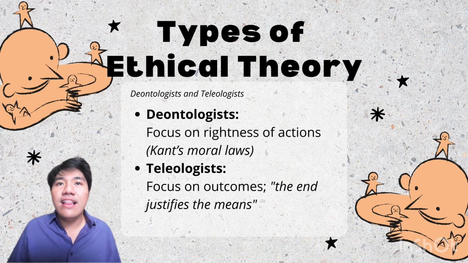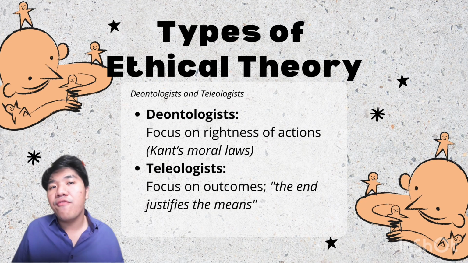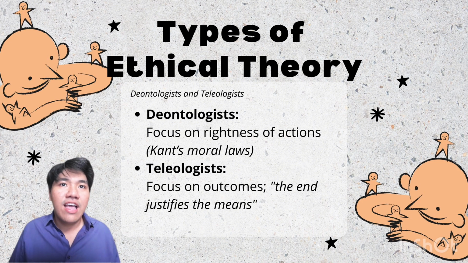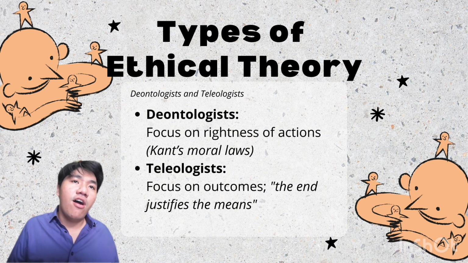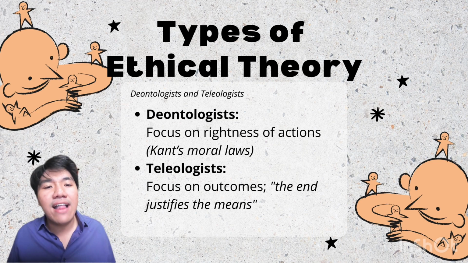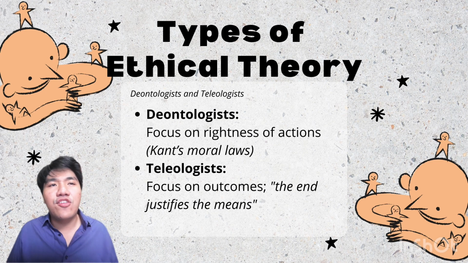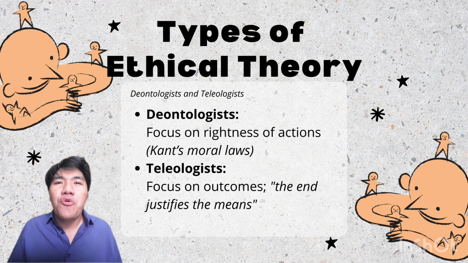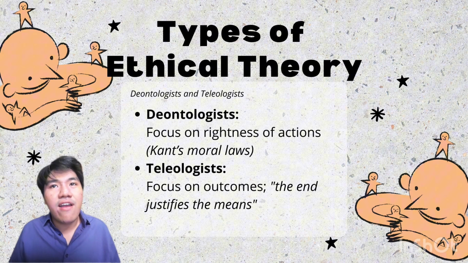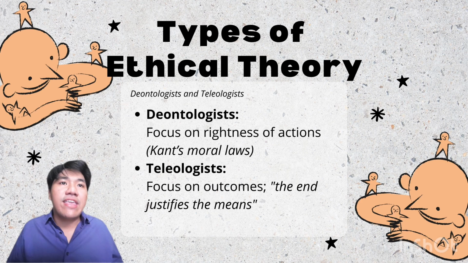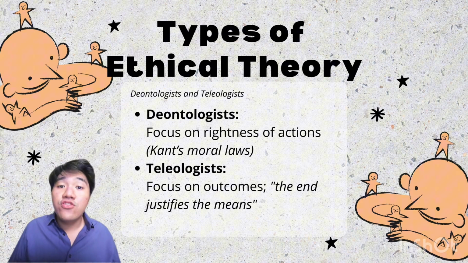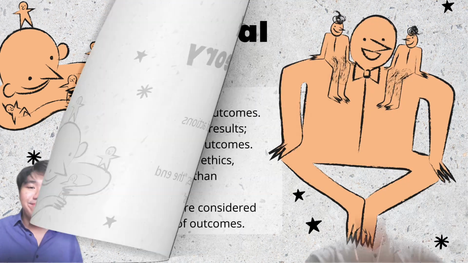Immanuel Kant, a leading deontologist, argues that actions must follow universal moral laws, like truth-telling regardless of the outcomes. Sa teleologists naman, they believe that the morality of an action depends sa kanyang outcomes. In this view, actions are judged based on whether they bring about the desired consequences. For teleologists, the end justifies the means.